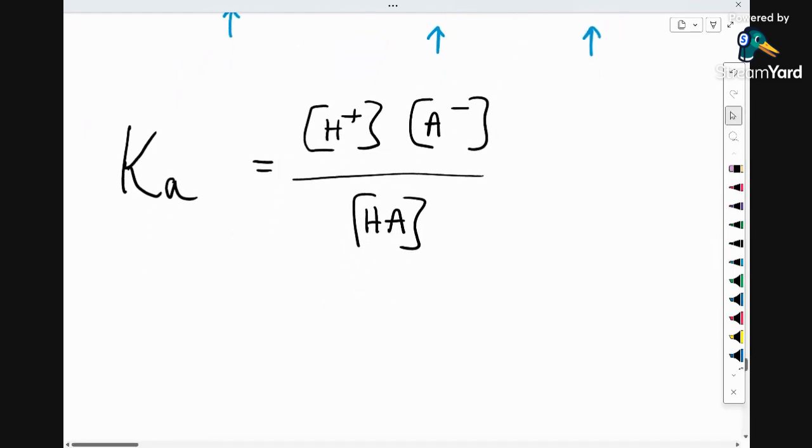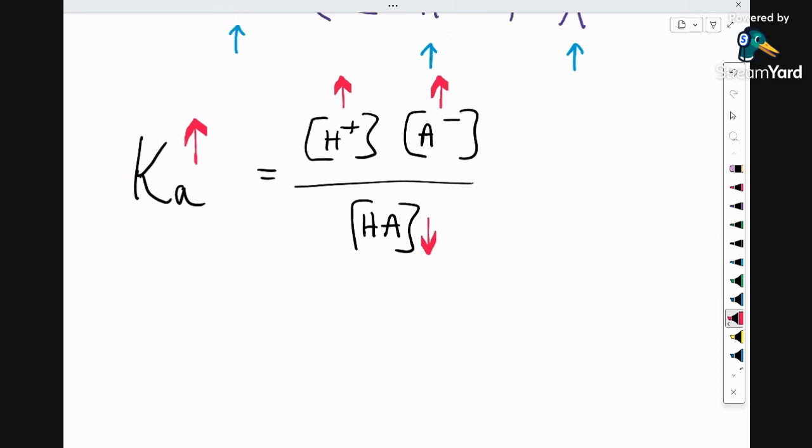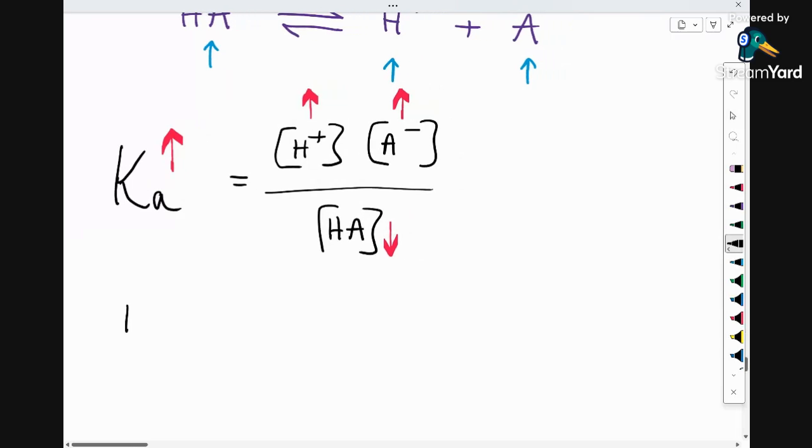If you imagine this as a fraction, if Ka is large, a big value, that means the numbers up here must be quite large, and the concentration of the undissociated form must be low. So if Ka is a big number, then the concentration of free protons is very high, and the concentration of the protonated form of the acid is very low.